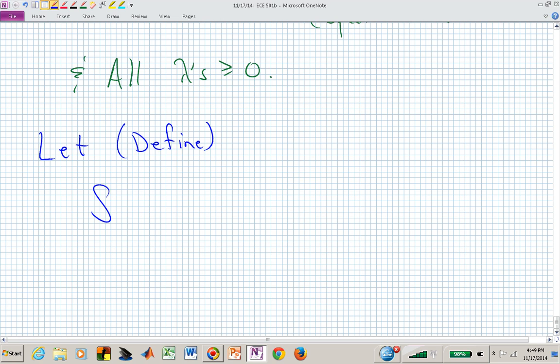Define S. I don't know what S is yet. It's just a matrix or an operator, but it's going to operate on the jth eigenvector. And I'm going to say that that operation of S on e sub j is now the square root of lambda sub j times e sub j. And I'm going to say, let's do that for all of these j's.